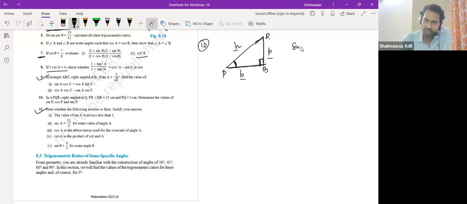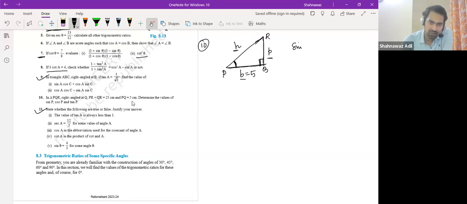So sin P, and what is given? PQ is given, which is 5, and PR plus QR is given. So we have to find out what is H and what is the perpendicular.